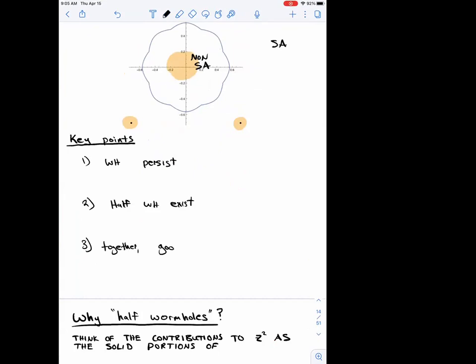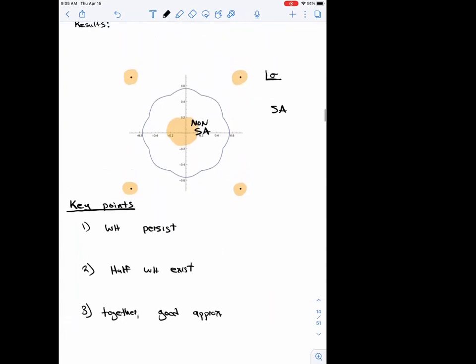Sorry, Douglas. What you call a half wormhole, is it a saddle point? Yeah, it's a saddle point. Okay. It's a saddle point whose value depends strongly on the couplings, but its location does not.